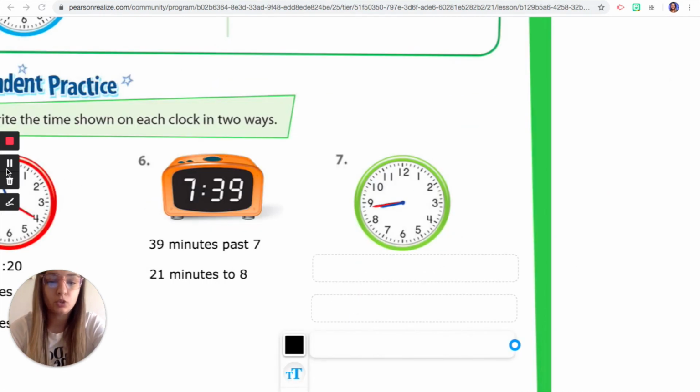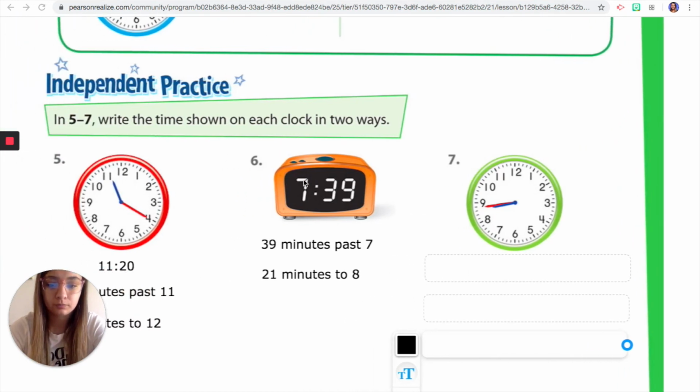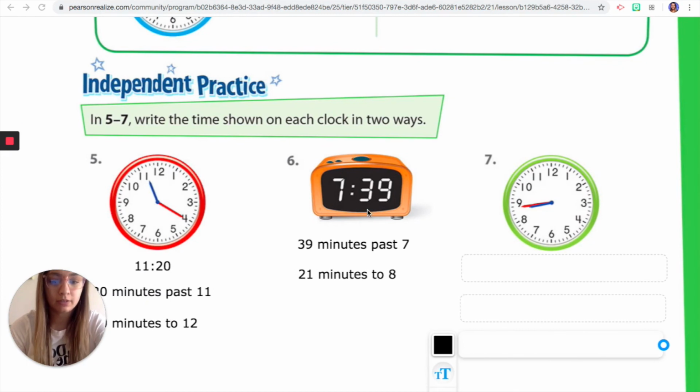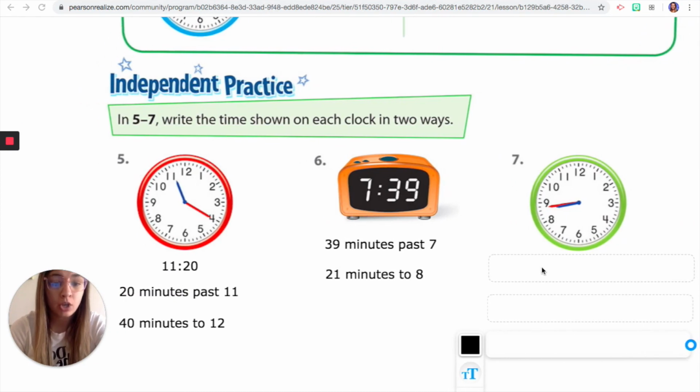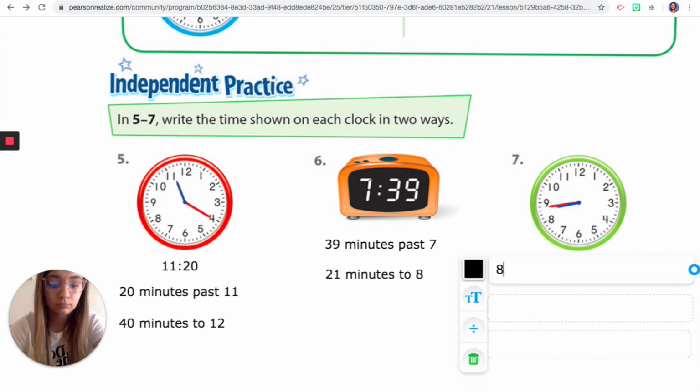All right, so we're going to do one more quick example for you on this analog clock. Let's see. Oh, you could still see it if I go like that. Okay, so the first thing that I'm going to do here is I'm checking out my hour hand, and that is going to be my shorter hand, my blue hand here. So if I see that it's in between ones, I'm going to go with the lower one. So this one is going to say 8. Then I'm going to check out my minute hand.